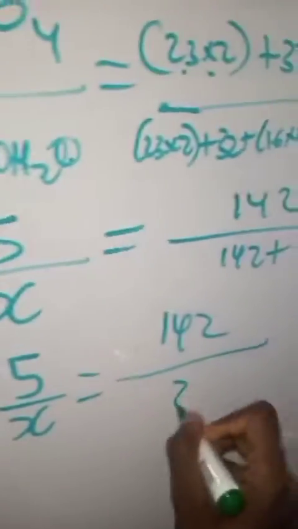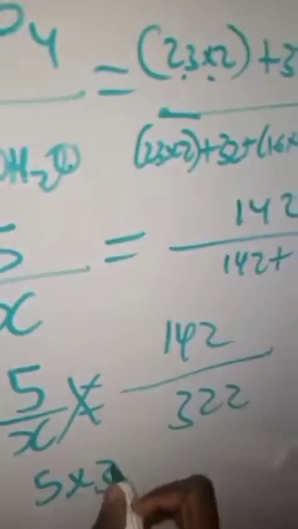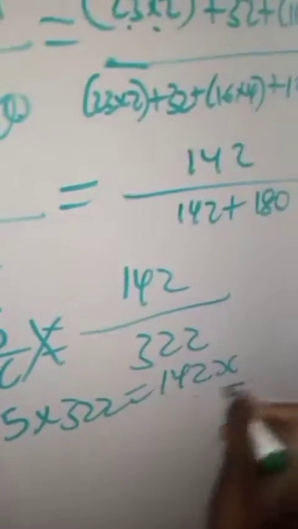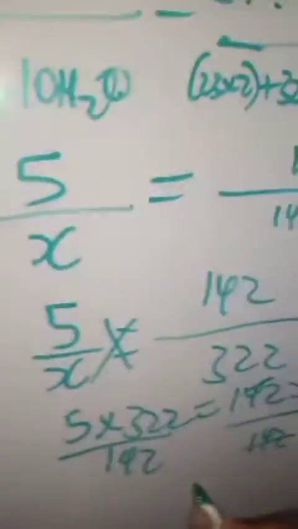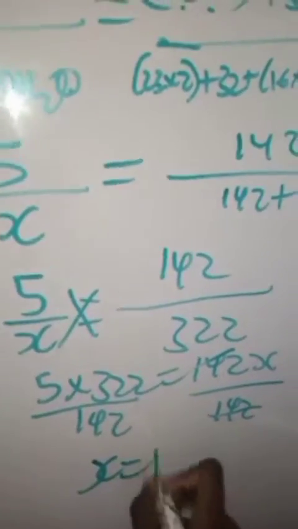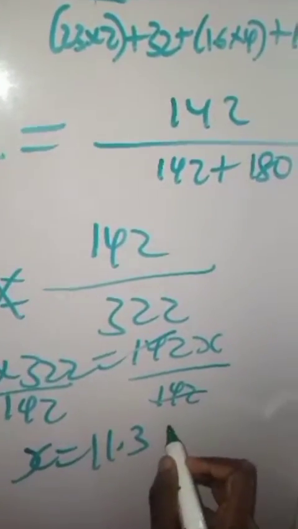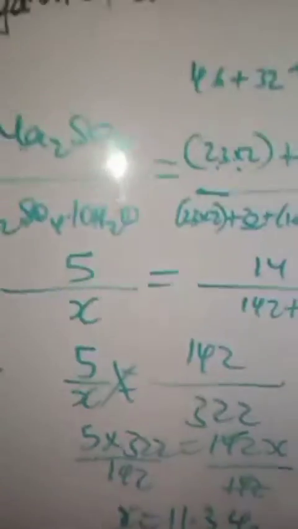So that's what? 322. 5 times 322 is equals to 142x. So from here you will do what? You get the value of your x. So my x here is what? I got 11.3234 gram. Yes, so this is my mass. It's just as simple as that.